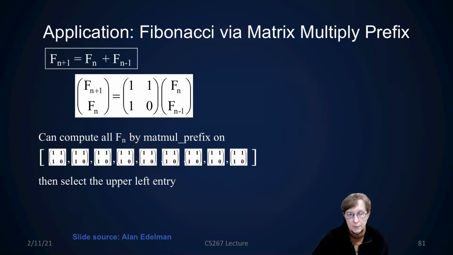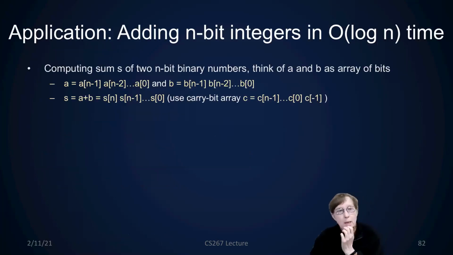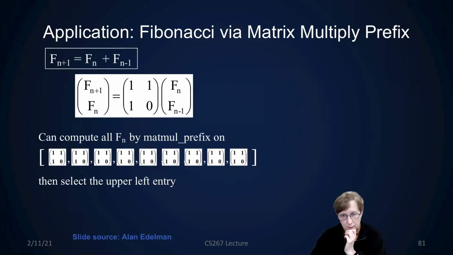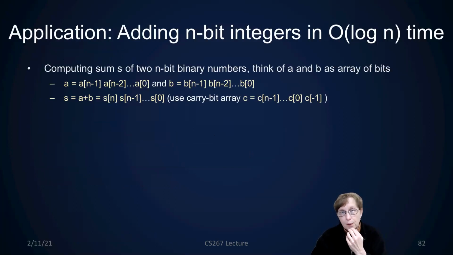We can multiply them together using parallel prefix, with the 2x2 matrix multiply as the operator, and then look at the upper left entry, which gives you the nth Fibonacci number. That may seem like a silly way to compute Fibonacci, given that there's a closed form formula for it. But as I said, it's a useful way of thinking about other recurrences.